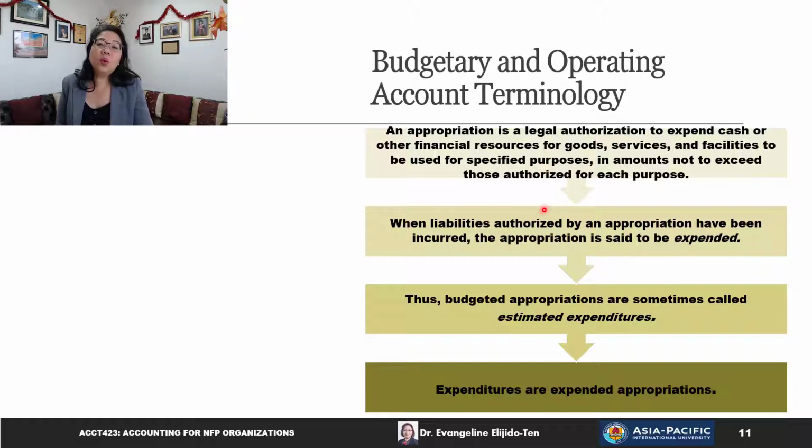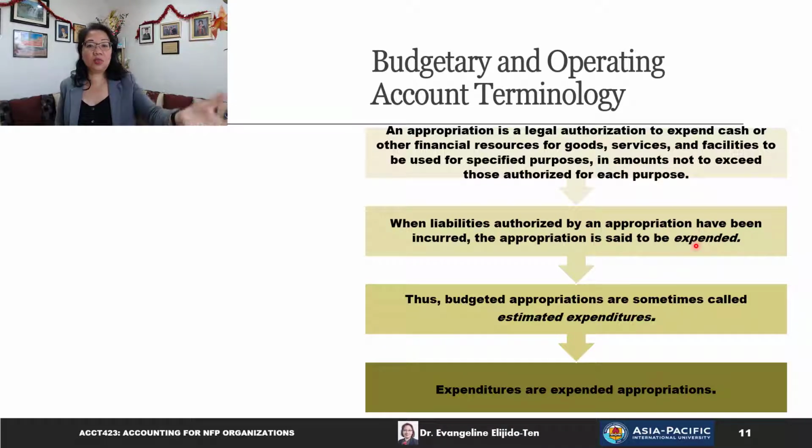So now, once an amount, say that 100,000, is appropriated, what happens next? When the liabilities authorized by an appropriation have been incurred, so we have already acquired the goods or the services and now we owe the supplier, then the appropriation will be expended.